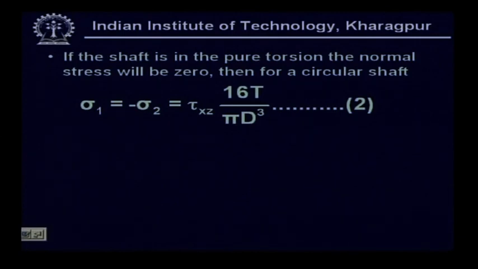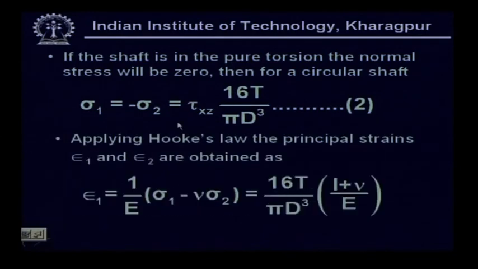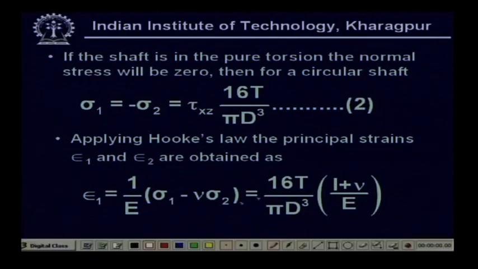Then for a circular shaft, we can write sigma 1 minus sigma 2 equal to tau x z. I think this will be equal to, sorry, this will be equal to, so applying Hooke's law, the principal strains epsilon 1 and epsilon 2 are obtained as epsilon 1 equal to 1 by E, sigma 1 minus nu sigma 2, equal to 16 T by pi d cube, 1 plus nu by E, right.